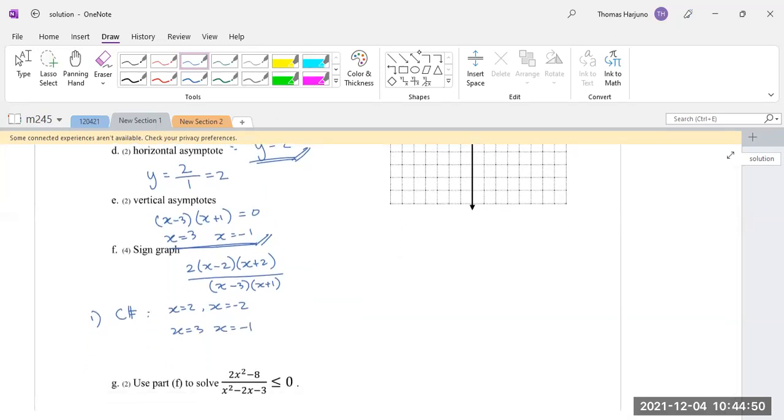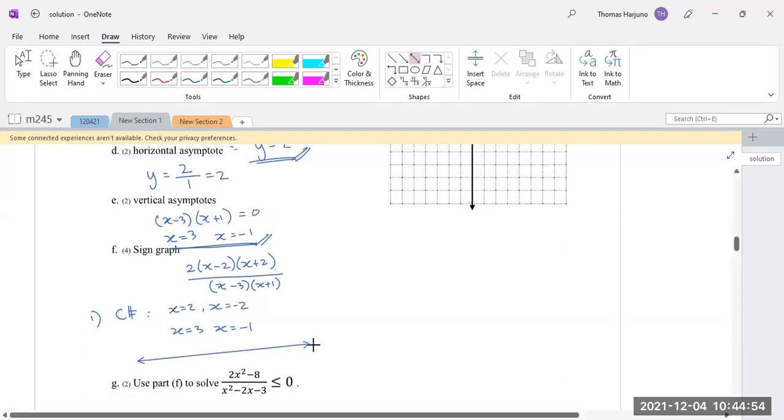And then we do the sign graph: -2, -1, and then 2, and then 3. It is undefined at 3 and -1, 0 at 2 and -2.